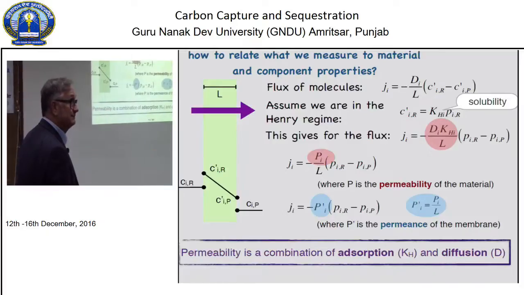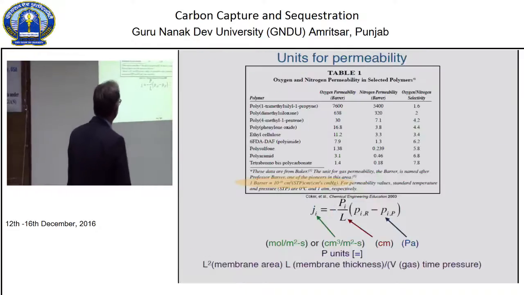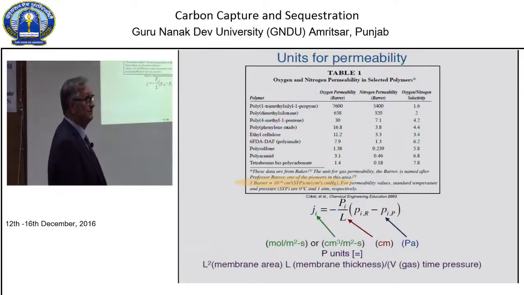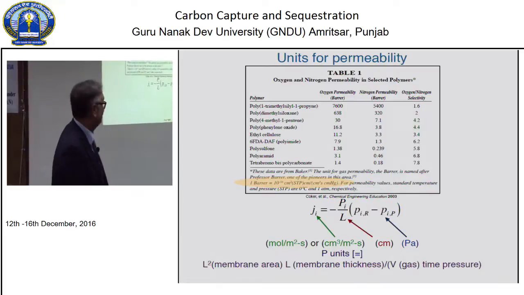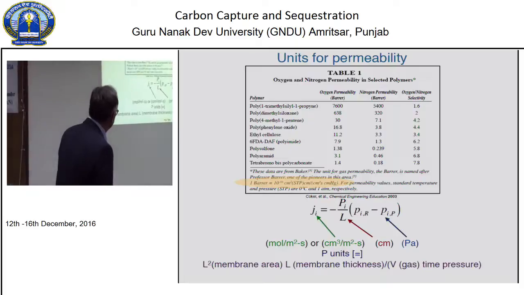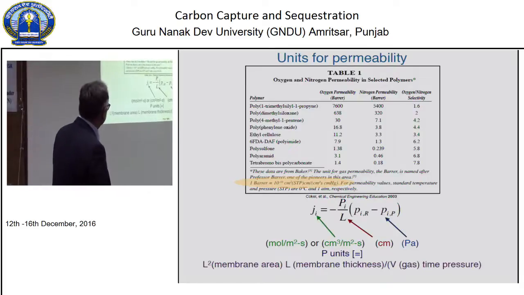Okay, everybody got that? It's an important thing to know today. So the units for permeability are very elusive. And I don't want to say too much about it, but if you're a student in this area and you look up permeability and you get a number like 7,600, the units are called barrers, and they're named after a famous dead person. And they're really difficult to figure out. So let me just say that the flux is a certain number of moles per surface area per second, and then you have pressure.